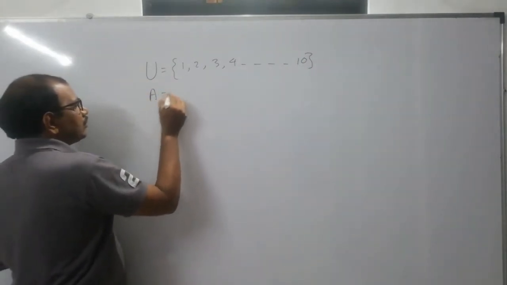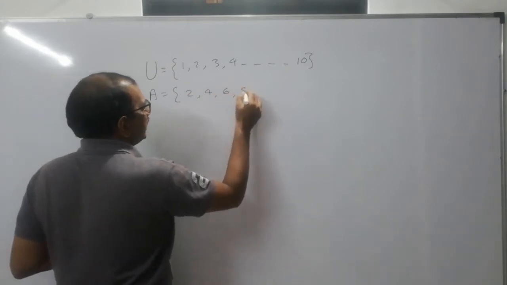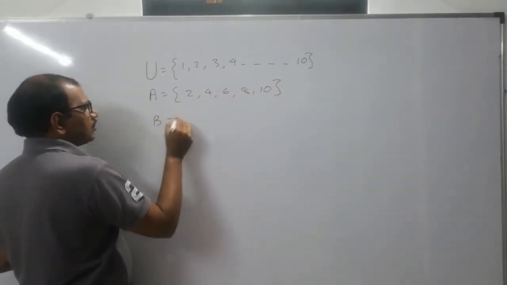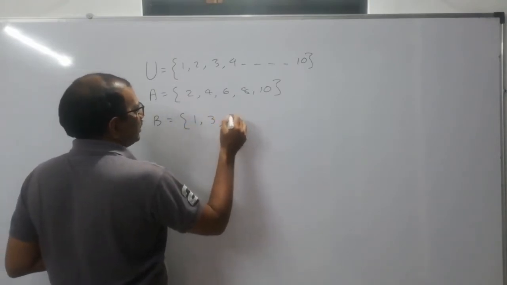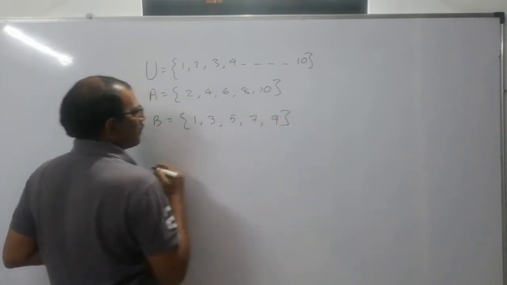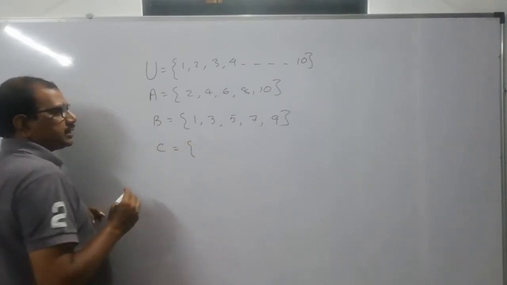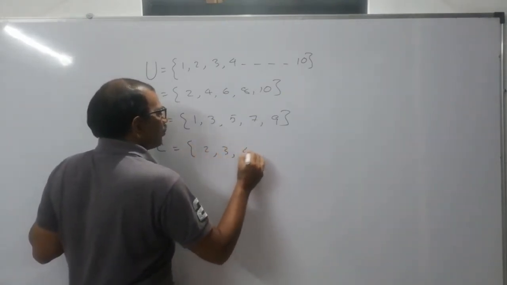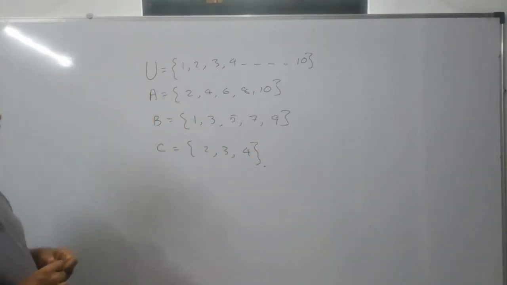A is a set of all even numbers, say 2, 4, 6, 8, 10. B is a set of all odd numbers, 1, 3, 5, 7, 9. Let's take a random set. C is a set of elements 2, 3, 4. Alright.